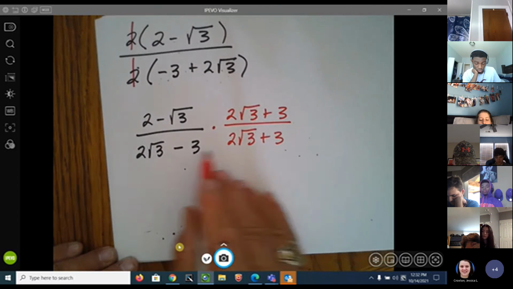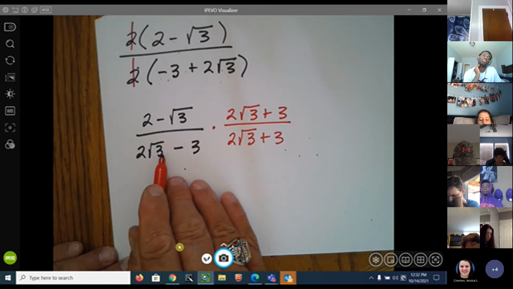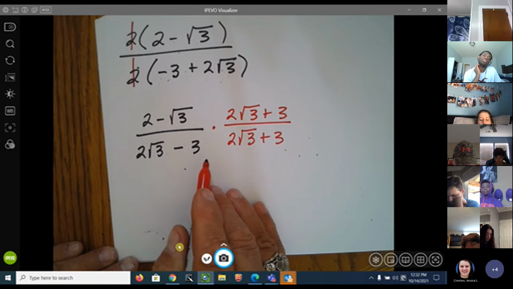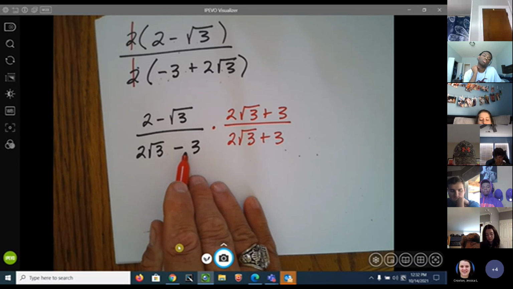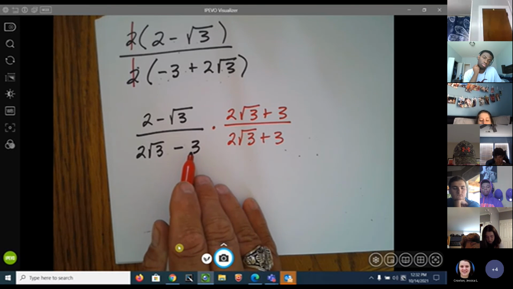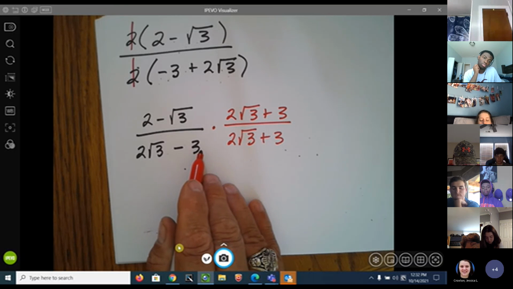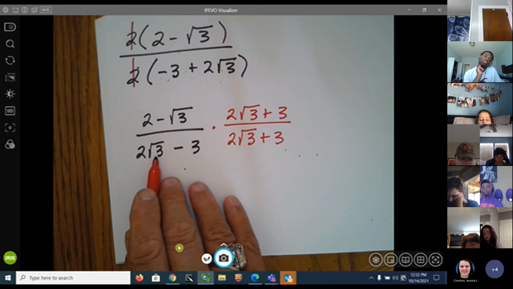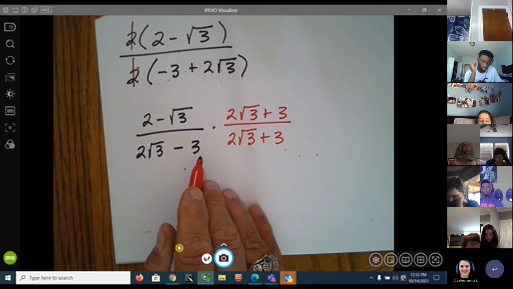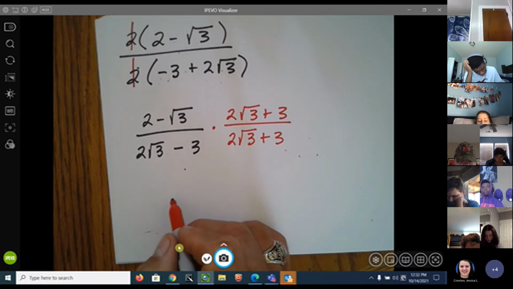And that's going to give me on the bottom here 4 times 3 is 12, minus, should be minus 9. And 12 minus 9 is what? 3?